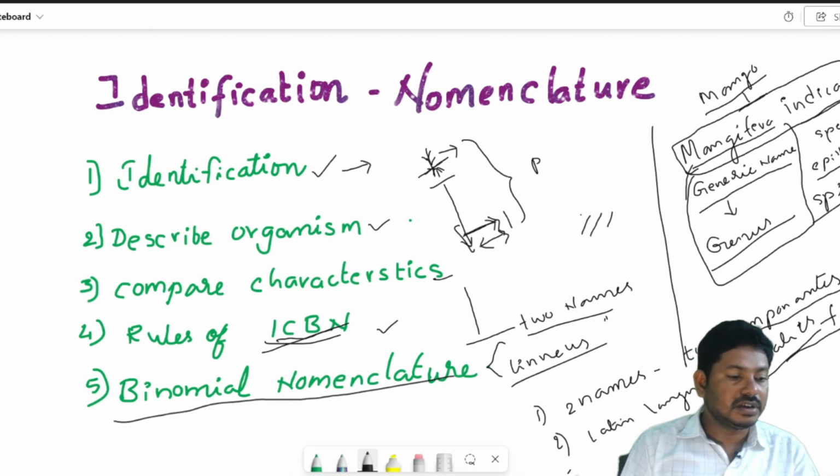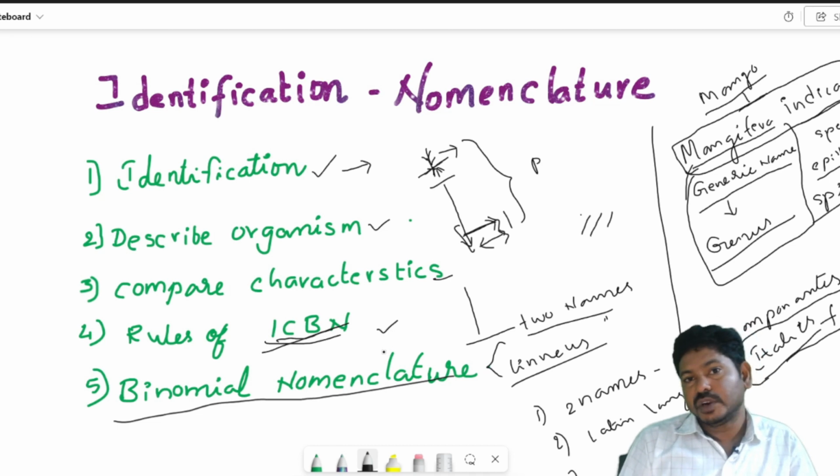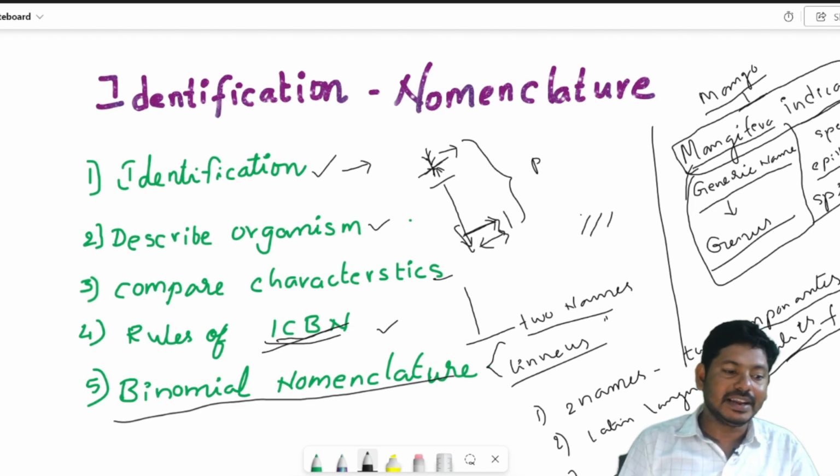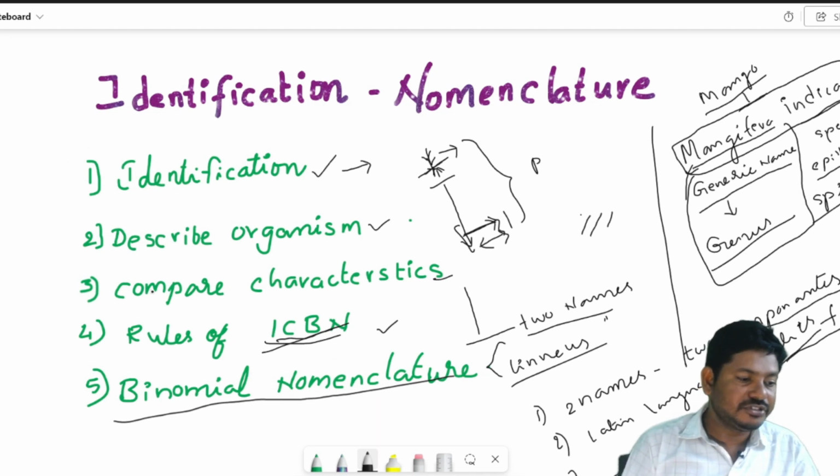Next one, the third rule. When we want to write manually, we should underline these two components. So Mangifera indica. Now I am writing these two words here.